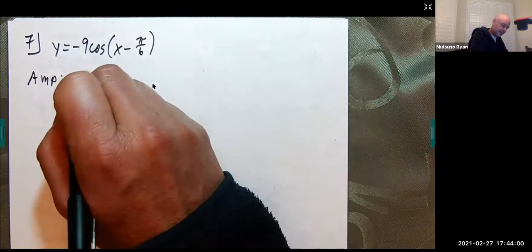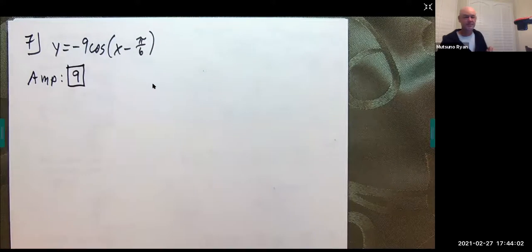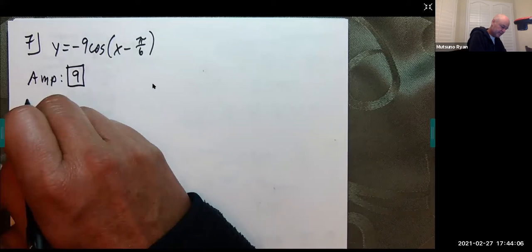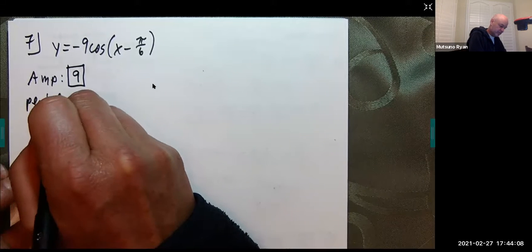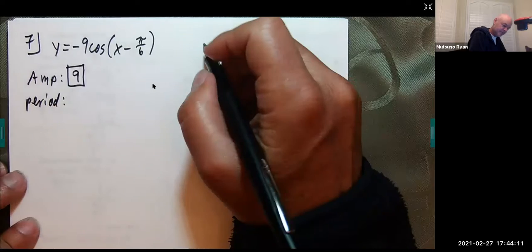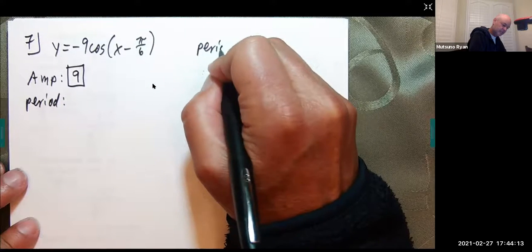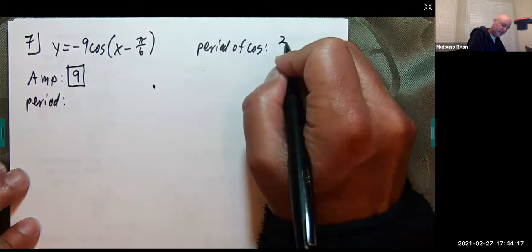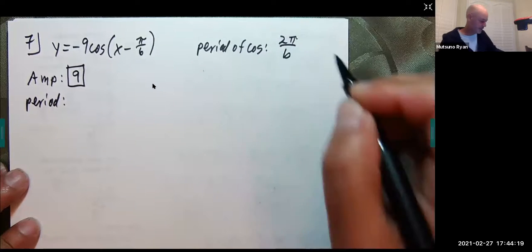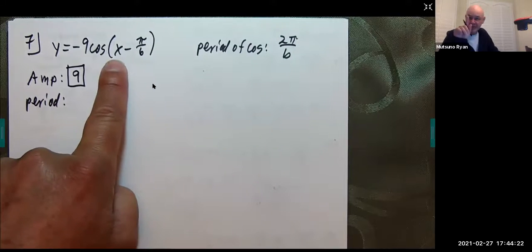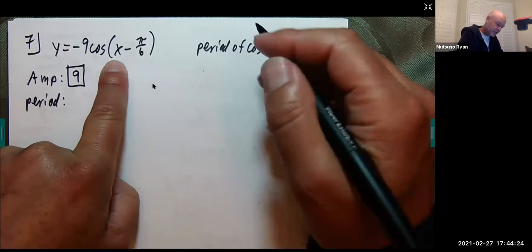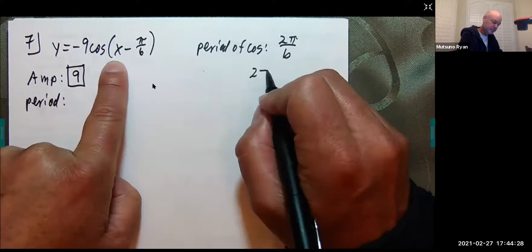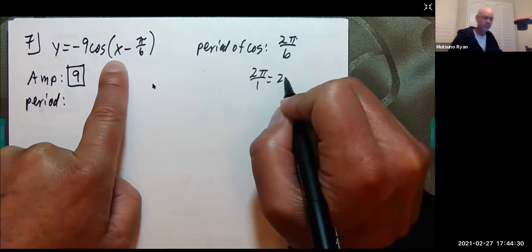And remember, we just make that positive. It's just a 9. We don't put the negative in. The period. Once again, the period of cosine is 2 pi divided by b. Now, I want to point out the coefficient of x here is just a 1. So this period is going to be 2 pi divided by 1, which we just say is 2 pi.